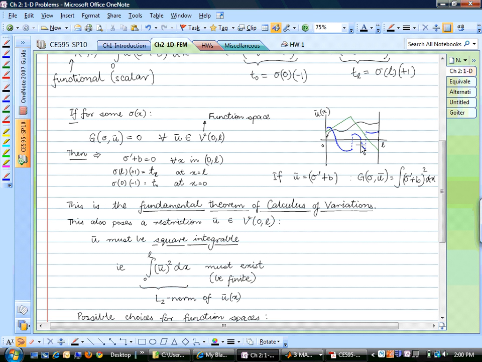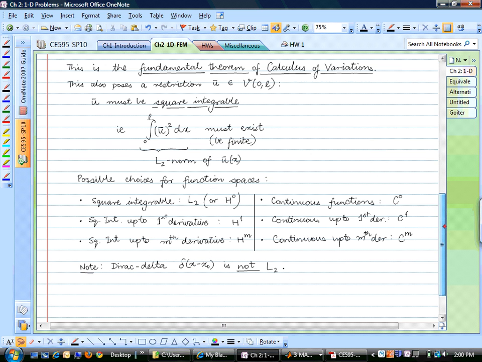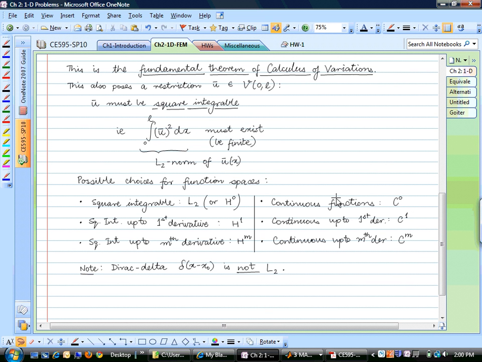This function is discontinuous, but it is square integrable. The rest of the functions are also square integrable, but they are furthermore continuous. So the space of continuous functions is a subset of square integrable functions.